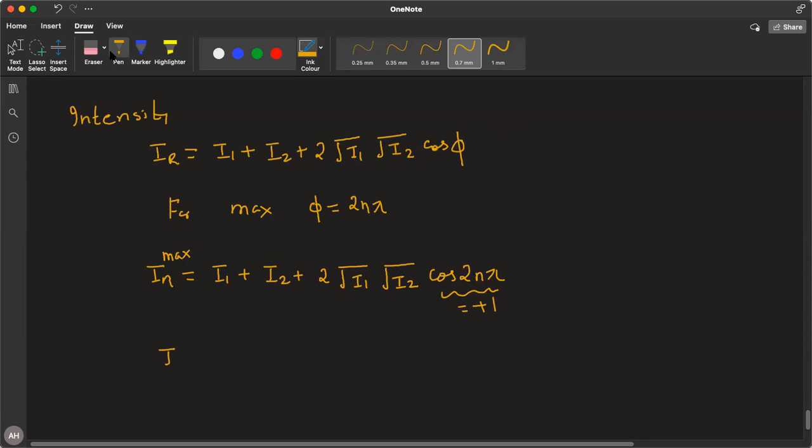So this is the maximum intensity, Imax. Imax is I1 plus I2 plus 2 root over I1 root over I2. Amalia, is this term the square of anything? Does this term remind you of the whole square of something?